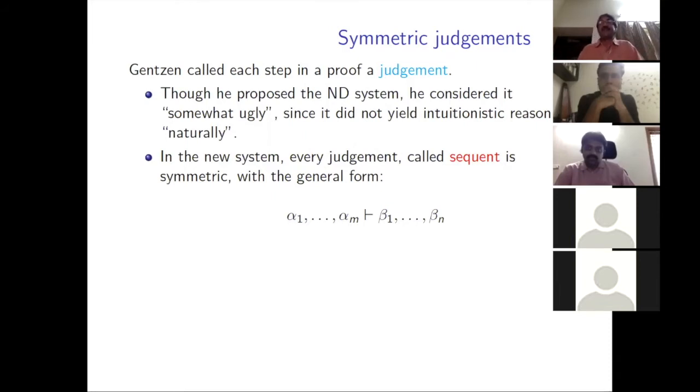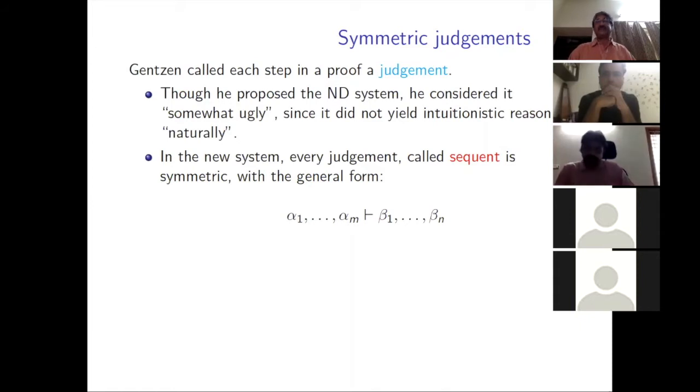And Gentzen was even questioning that. Why shouldn't it be a graph, right? Why shouldn't it be a proof net? This is what modern logicians call it. And an important thing for him was also intuitionistic logic, which doesn't come up naturally in it. I must say it's not as ugly as it sounds, but in any case, Gentzen was really after symmetry.